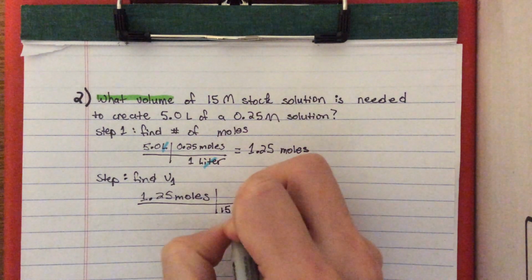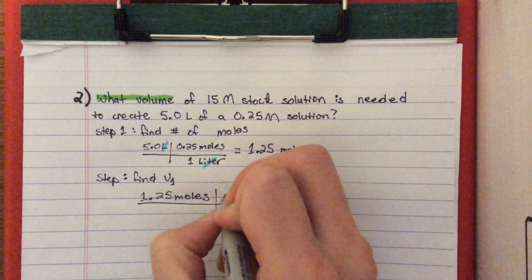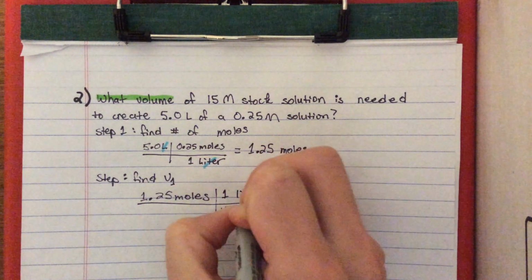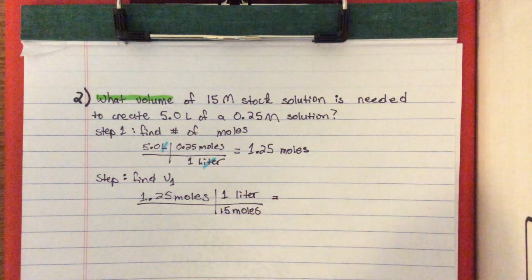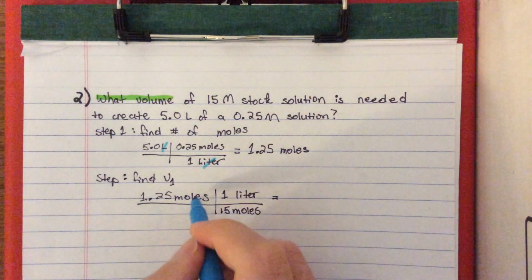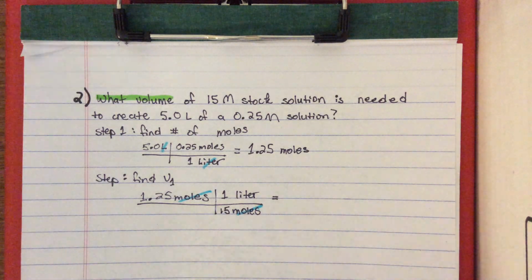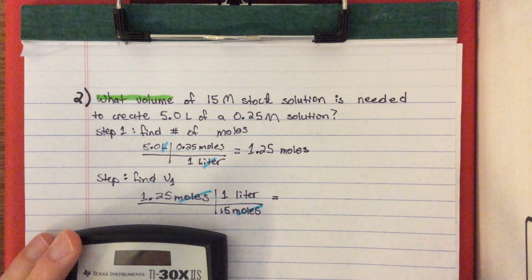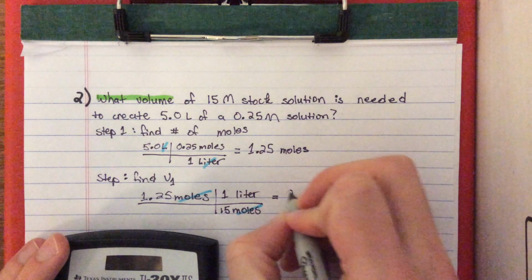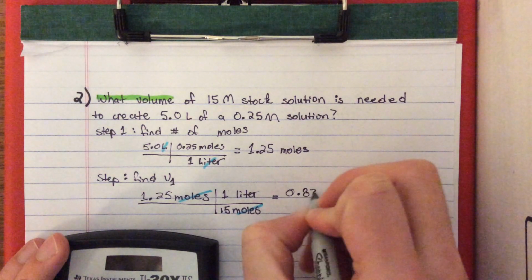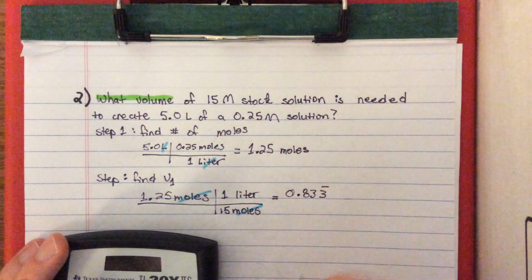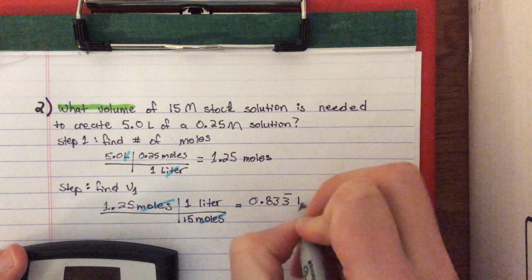It is 15 moles for every liter. We'll need to flip it over so that moles matches on the diagonals, and they will cancel out. Into our calculator, we will say 1.25 divided by 15 times 1. We get 0.833 repeating liters of solution.